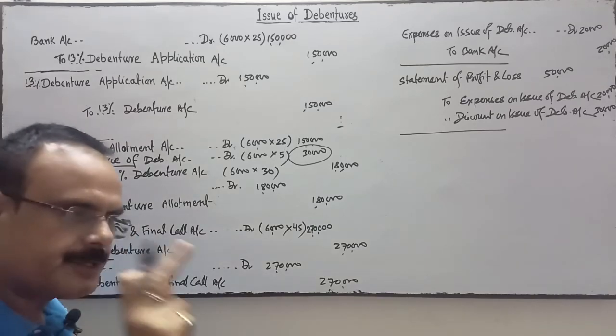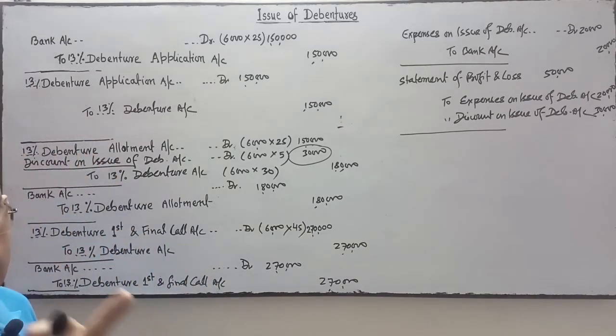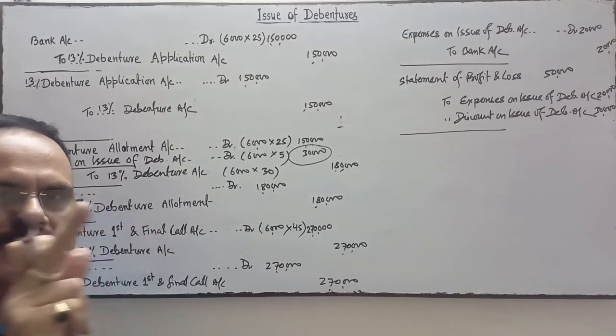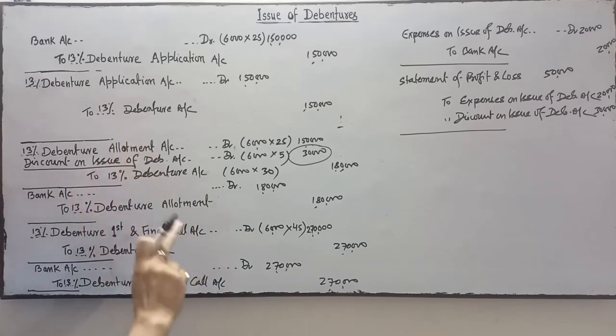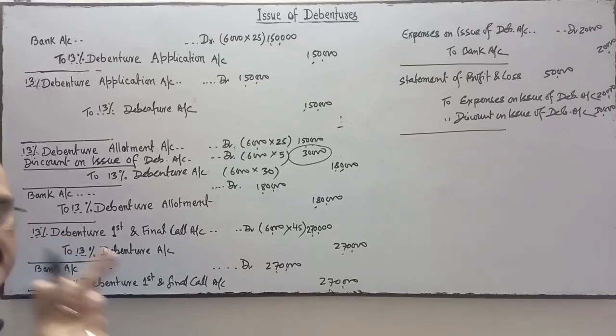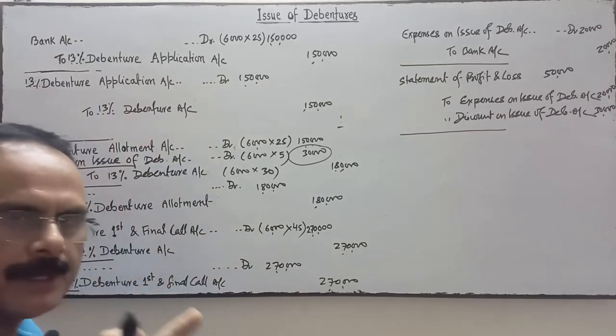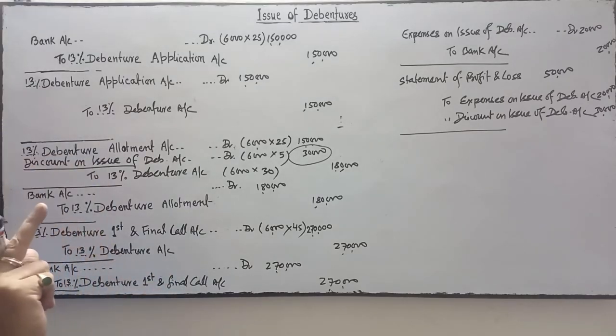Being debenture allotment money due on 6,000 shares at the rate of rupees 25 per share and discount on issue of debenture rupees 5. Then being debenture allotment money received.